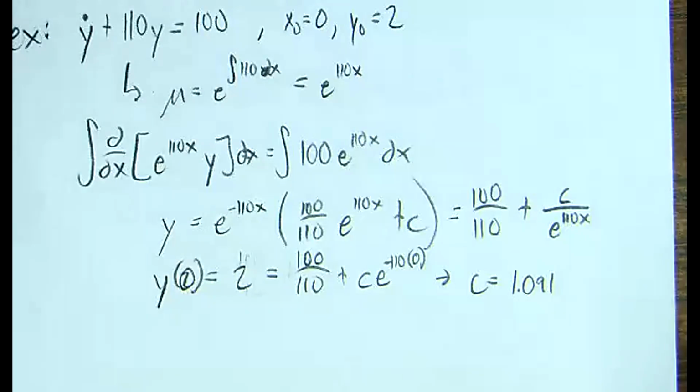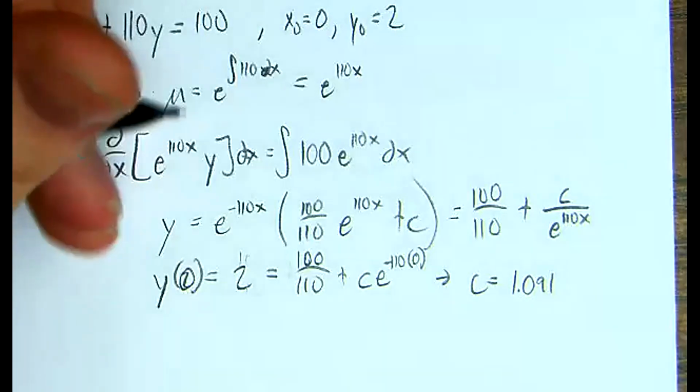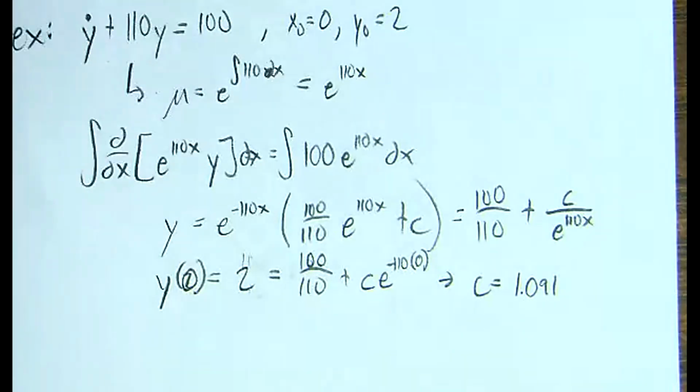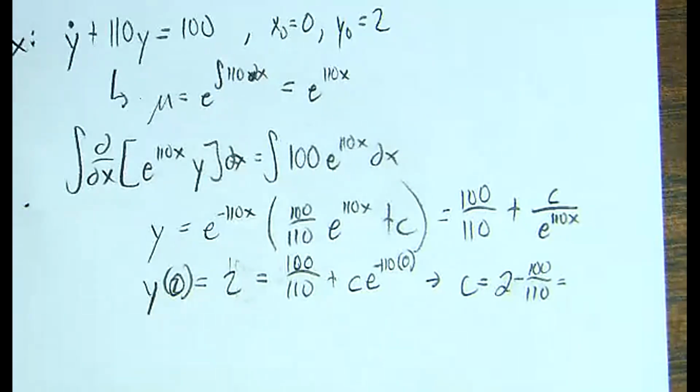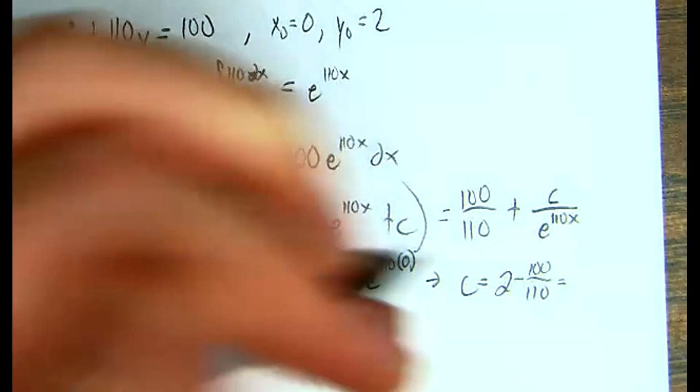We get 1.091. Now that is an approximation. Maybe we should do the exact value instead. 2 minus 100 over 110. 2 is 220 over 110. 220 minus 100 is 120.